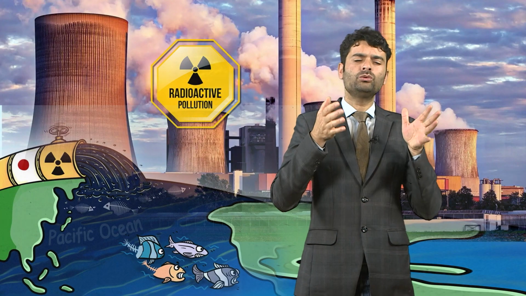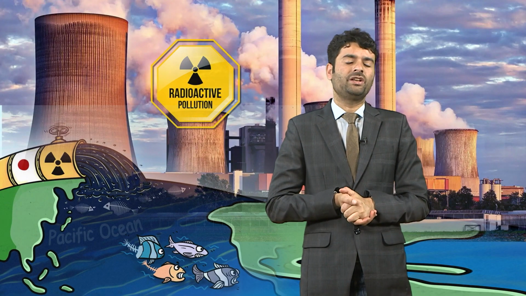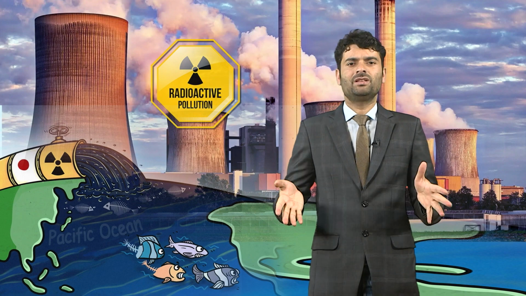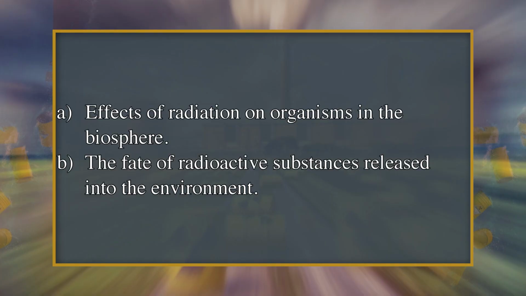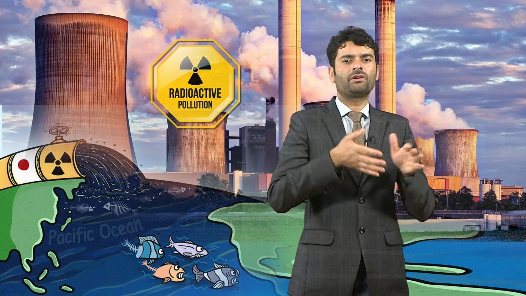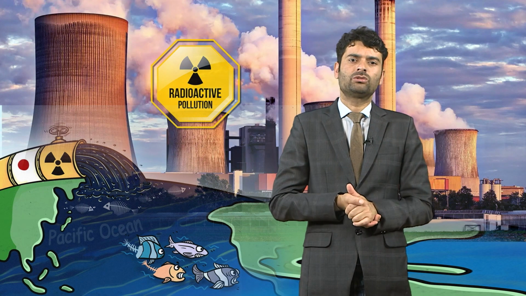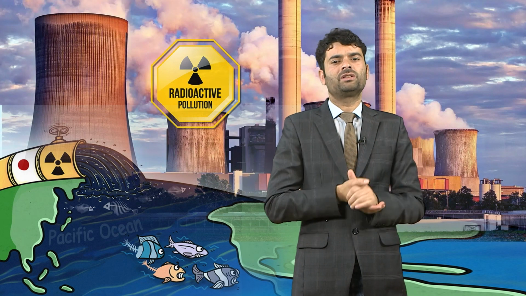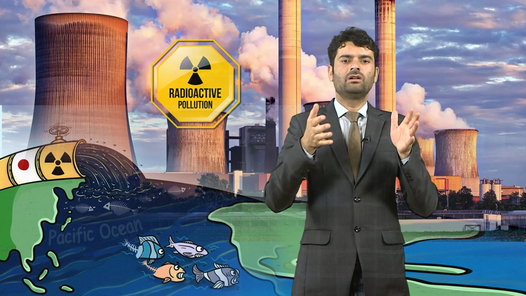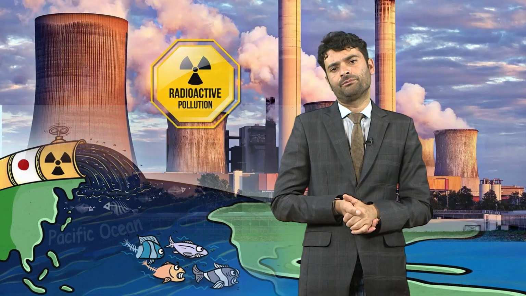There are two important areas of radiation ecology. First is the effects of radiation on organisms in the biosphere and the fate of radioactive substances released into the environment. The ratio of a radionuclide in the organism to that of the environment is called the concentration factor.